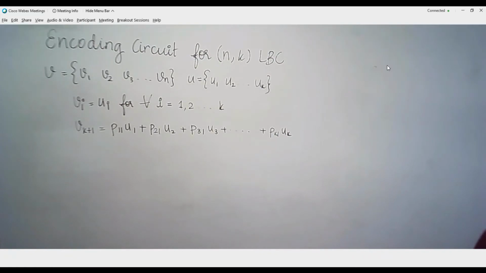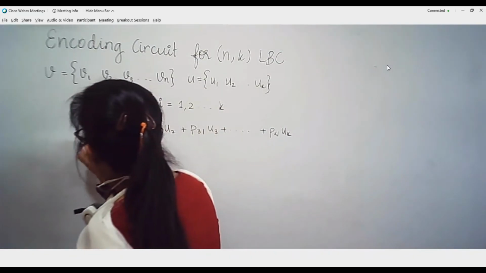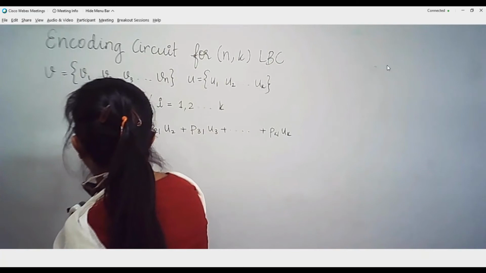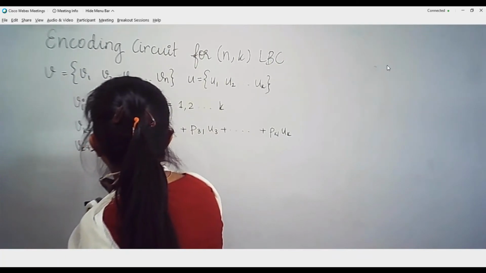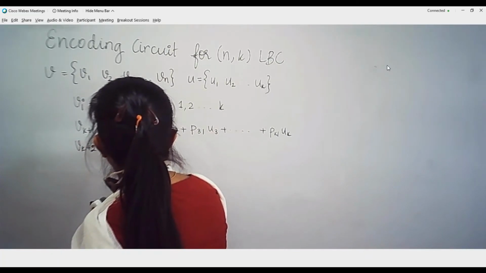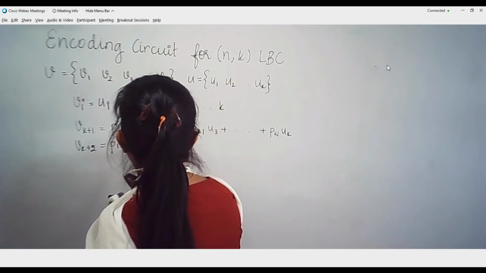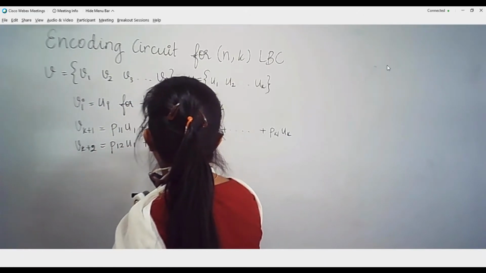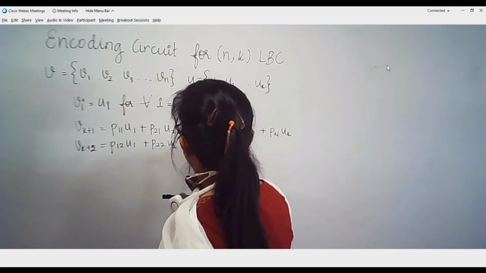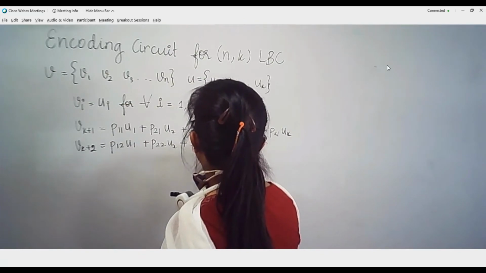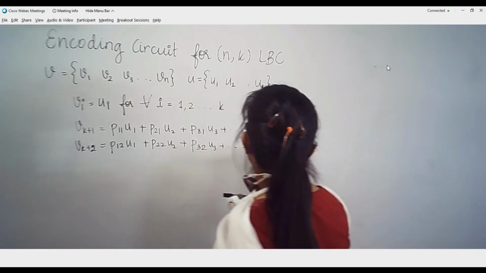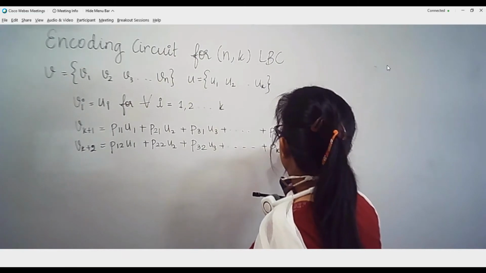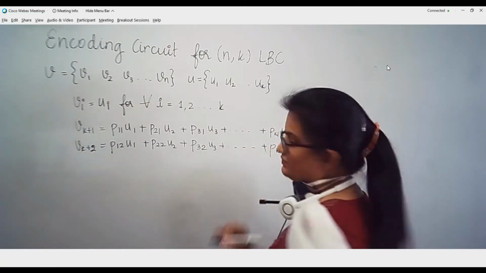Similarly, V of k plus 2 will be written as P12 into U1 plus P22 into U2 plus P32 into U3, and so on up to Pk2 into Uk.